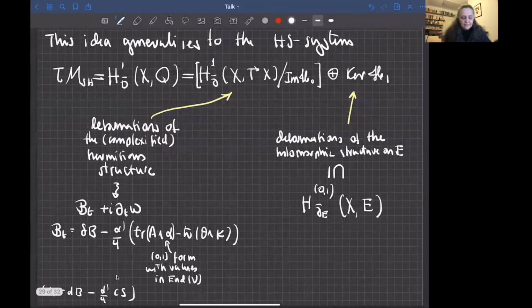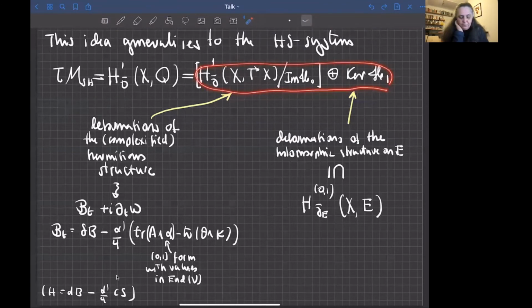So when you leave this to the whole Strominger system, what you find is the following: that the infinitesimal deformations are in fact given by the first cohomology of the bar operator, acting now on one forms with values in Q. You can prove that this is a direct sum of two parts.